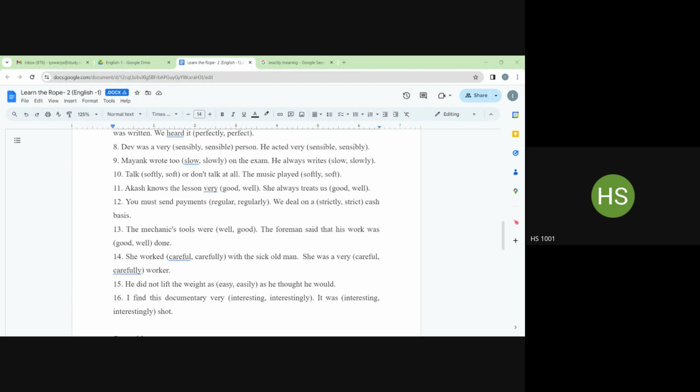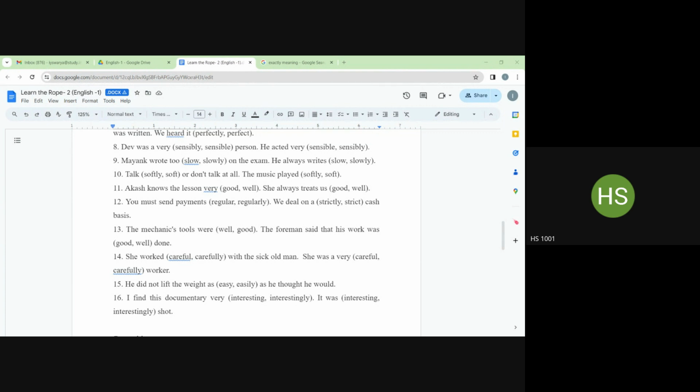Good is an adjective. Well can be used both as an adjective and an adverb. In this case, it is used as an adverb because it is modifying the verb. But keep in mind, well can also be used as an adjective, right?